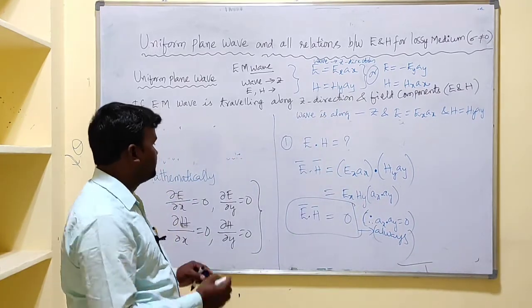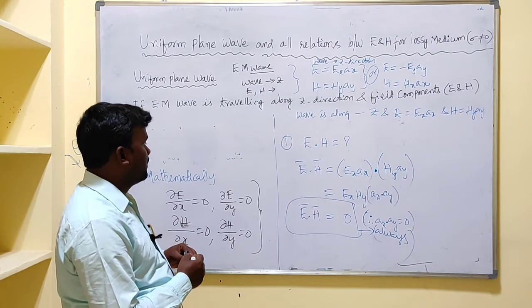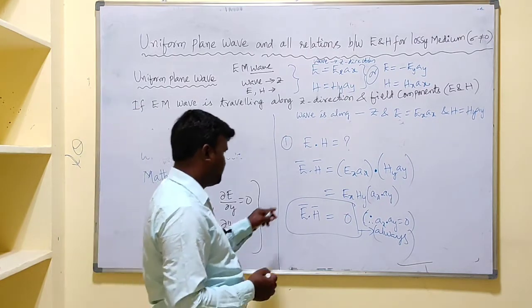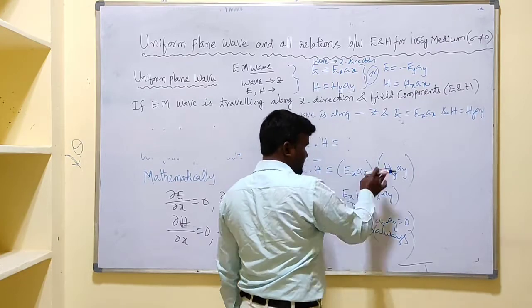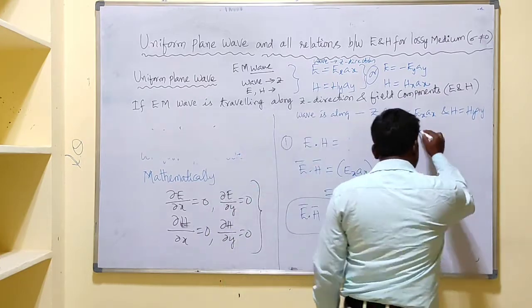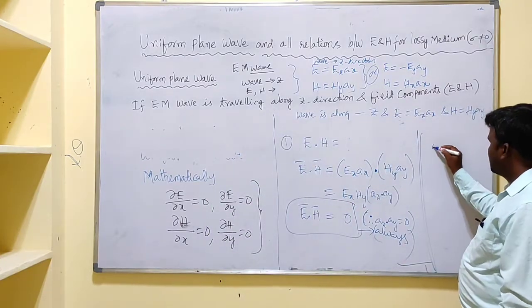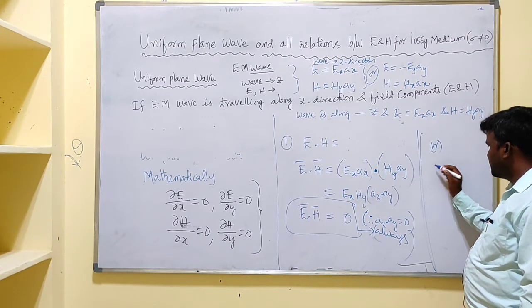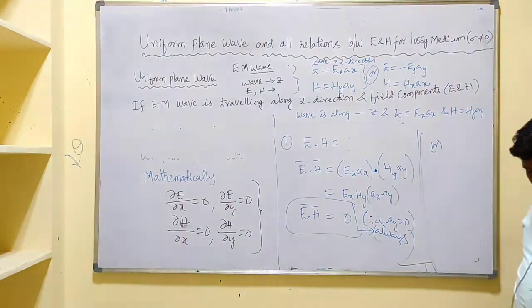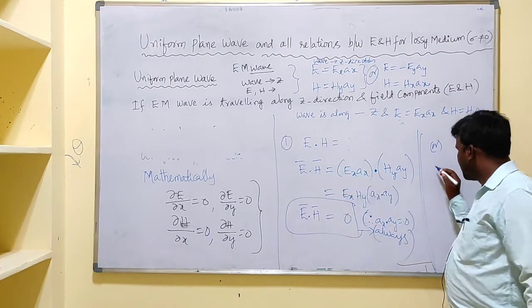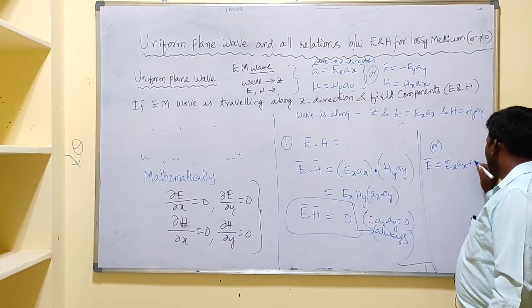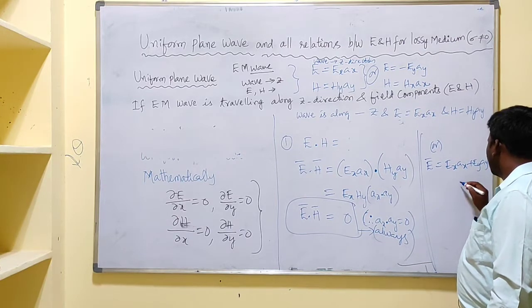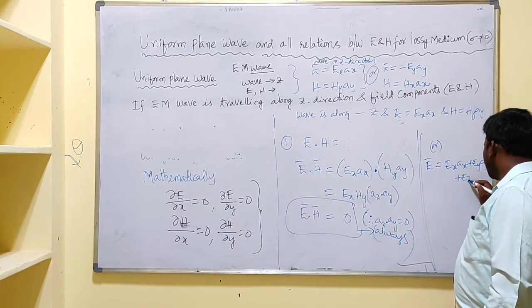Or else we can take the entire thing. If you want to do the complete one, you can go for E equal to Ex Ax plus Ey Ay plus Ez Az.